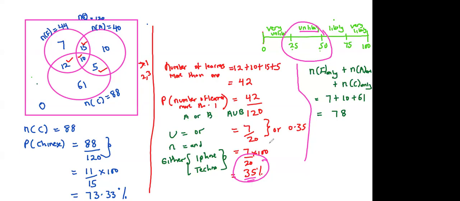Now, let me interpret it again. When they use the word either, dear students, either or is used in a situation whereby you have a choice. Here, there is a choice between two different things or three different things. For this case, we had F, we had A, and we had C. But taking both is not possible.